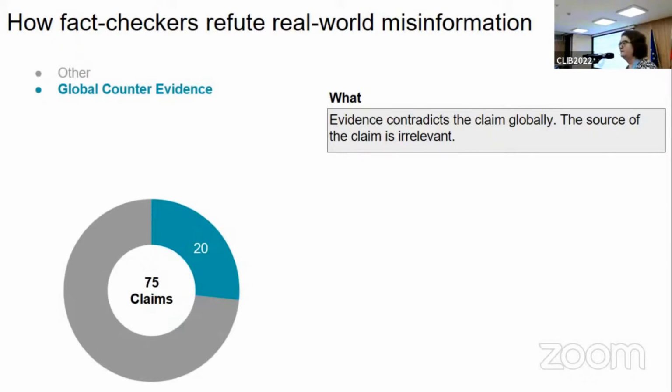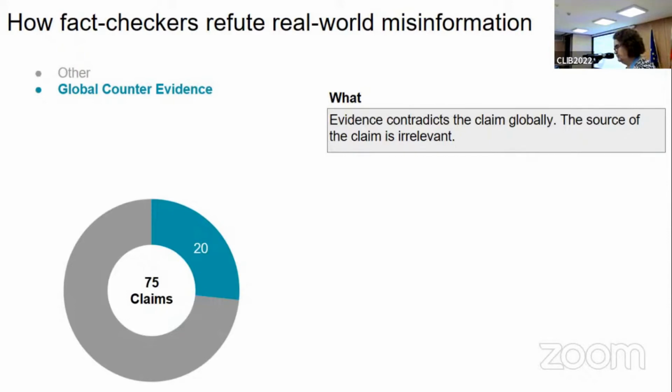This is applicable to NLP approaches. We do not need to know the source of the claim in that case, and we can find counter evidence via arbitrary complex reasoning based only on the claim. This is the main NLP paradigm that we have today. These are only 20 of the 75, and of 100 claims in total, that is 20%.